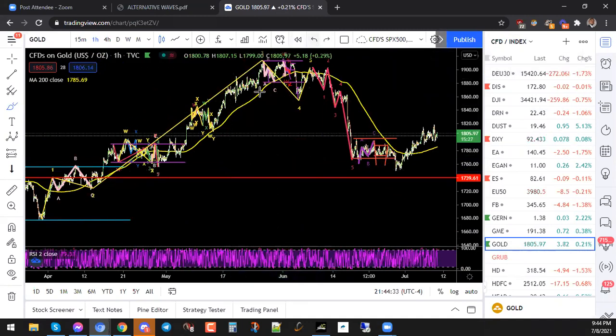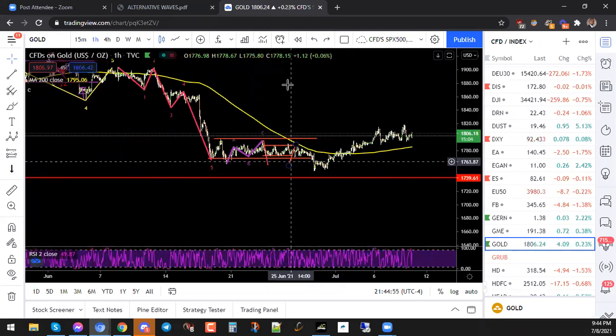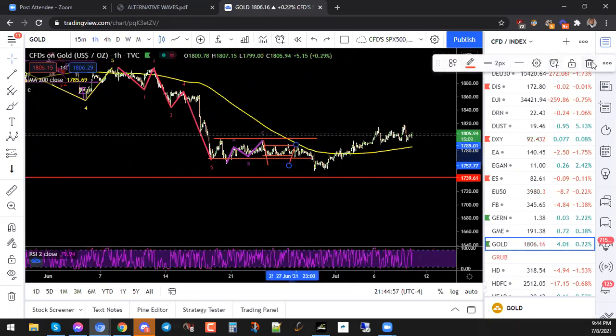Oops, let's take that off. All right, so we have 1, 2, 3, 4, 5. So this is potentially a 5-wave move down, right? We have a 5-wave move down, and gold is building this type of complex corrective formation here. Let me just remove these.